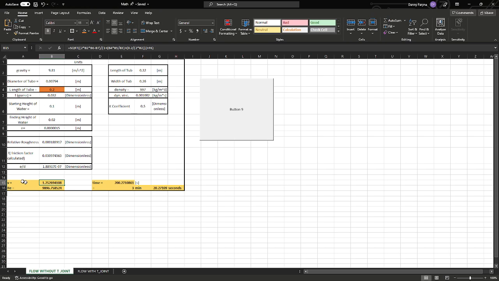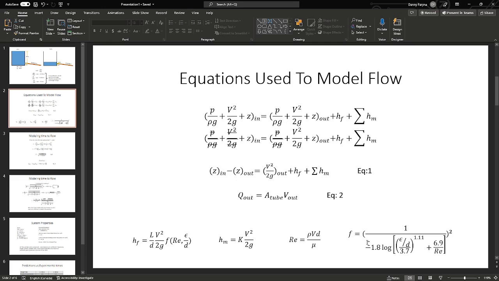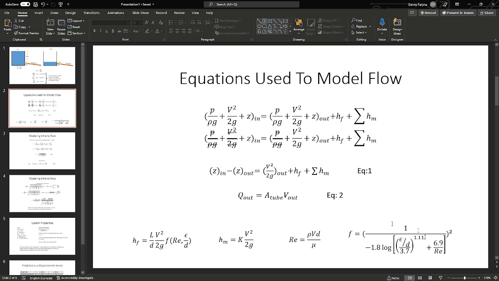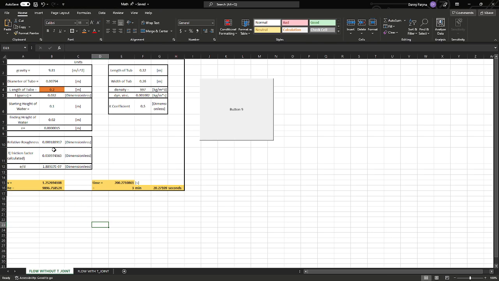Our Reynolds number is this Reynolds number equation, and our friction factor is calculated here. The friction factor needs the Reynolds number, which is looking for the velocity, and the velocity is looking for a friction factor to calculate. They're calling each other, it'll be a circle, and we couldn't do this calculation.